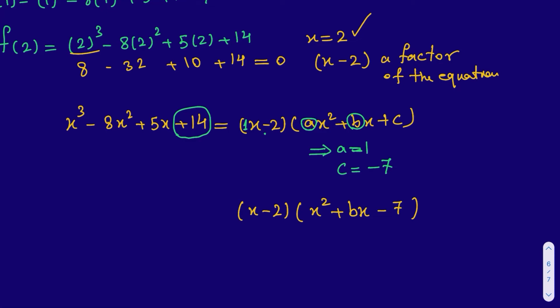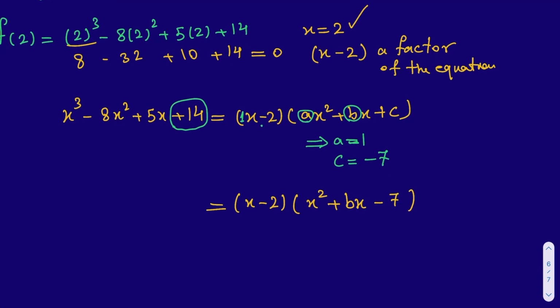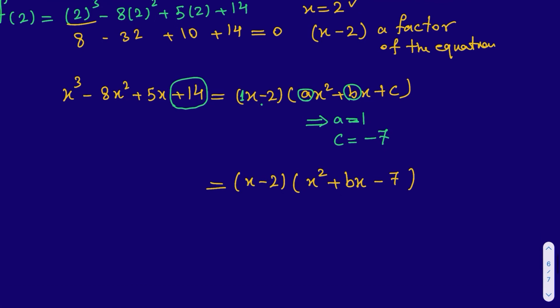So now, in order to find b, and the first part of the equation is the same thing. In order to find b, we need to multiply this factor by the quadratic equation. So we will take the step number 2, and we will multiply these two terms.